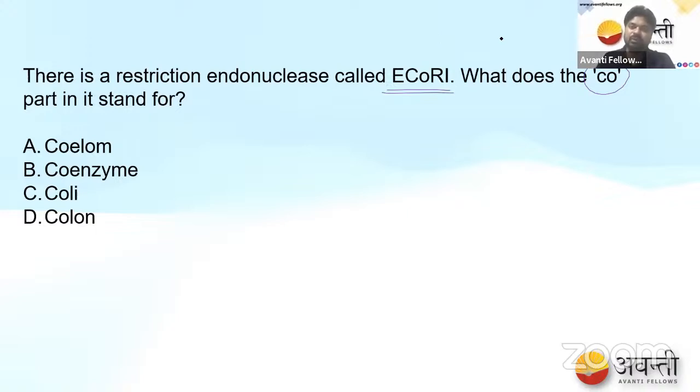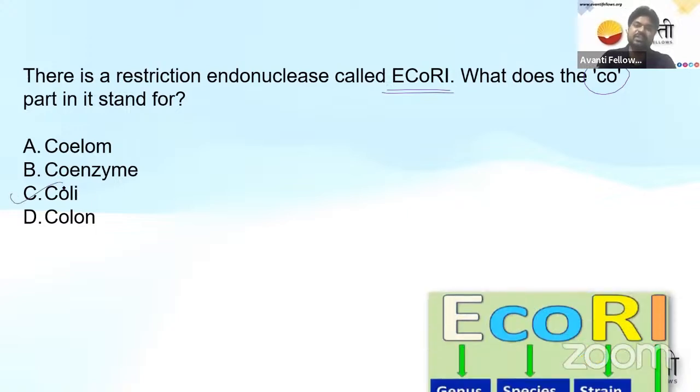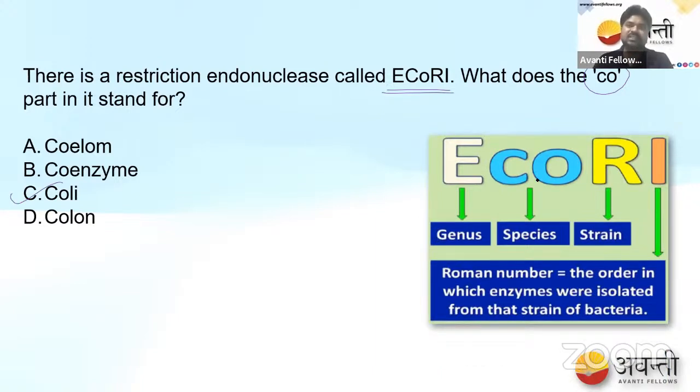Okay, so I'm ending the poll. Here is the answer. Most people chose option C, and option C is the correct option. Okay, so this means coli. So here you can see a chart. This is the EcoR1. The first letter suggests the genus, that is the capital letter. The next letter suggests the species. This letter suggests the strain.